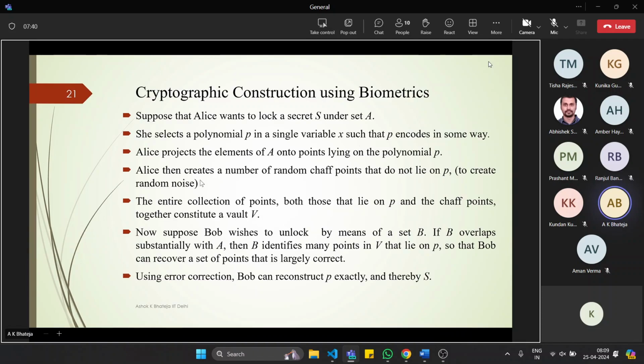So suppose Alice wants to lock a secret S. S is our secret. It may be a secret of any length. But generally, at the beginning, when it was developed, it was for managing the key of the AES encryption scheme.